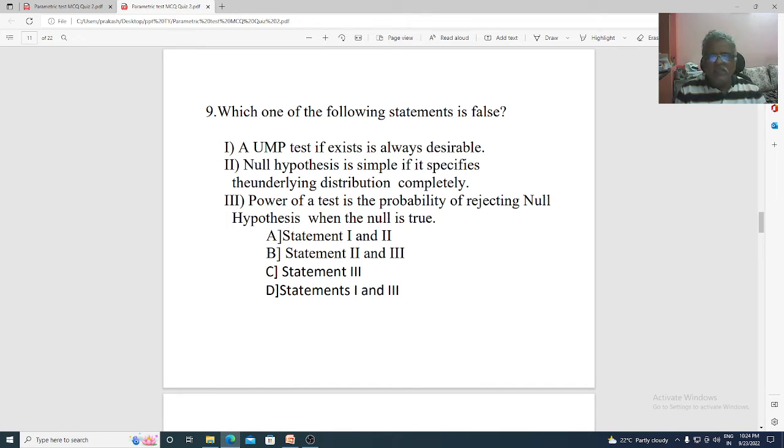Power of the test is the probability of rejecting null hypothesis when it is true. Option A, statement 1 and 2, B, statement 2 and 3, C, statement 3, and D, statement 1 and 3. The correct option is option C, statement 3.